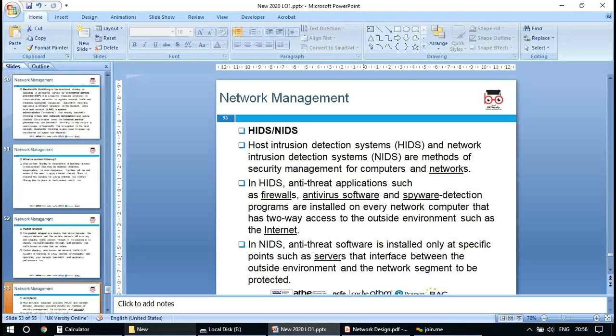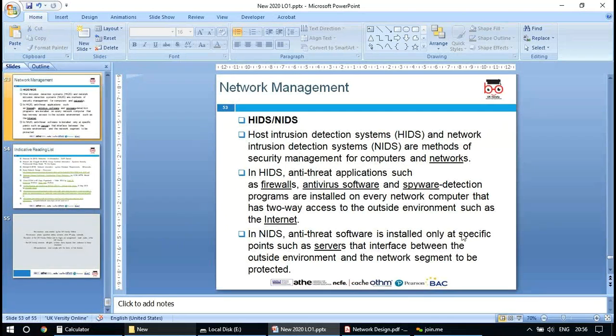So there are two ways: either you have a server on the network monitoring any incoming traffic, or you are only protecting your particular computer. That's the idea behind it.